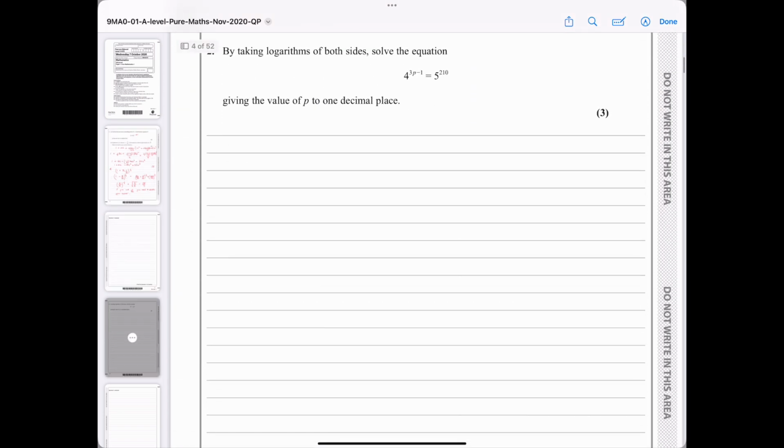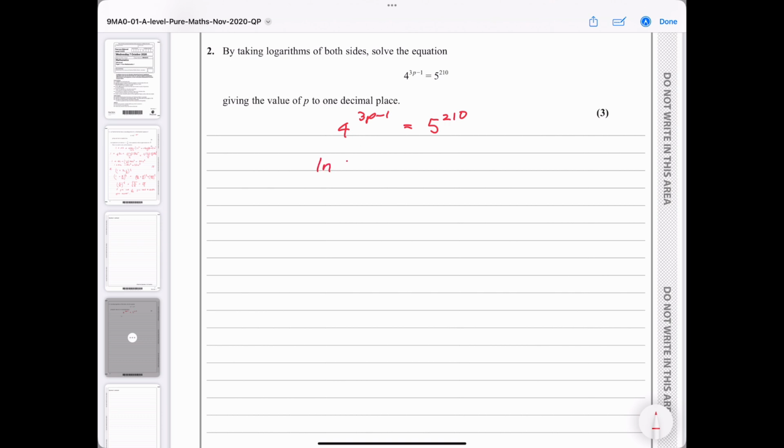Right, take logarithms of both sides and solve the equation, giving the value of p to 1 decimal place. Okay, so what we're going to do first is we're going to write this out. So we've got 4 to the 3p minus 1 equals 5 to the 210. And we're going to take ln of both sides.